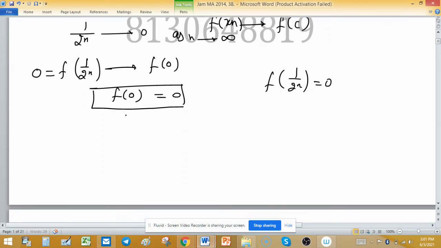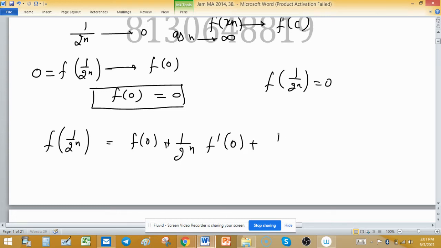Using this, we can write f of (1/2)^n around the point 0 as f of 0 plus (1/2)^n f prime 0 plus (1/2)^(2n) into f double prime 0 divided by factorial 2, and you can write factorial 1 here.